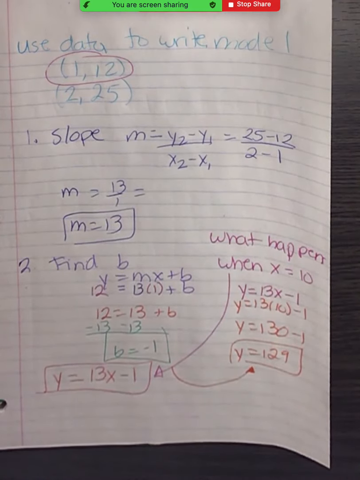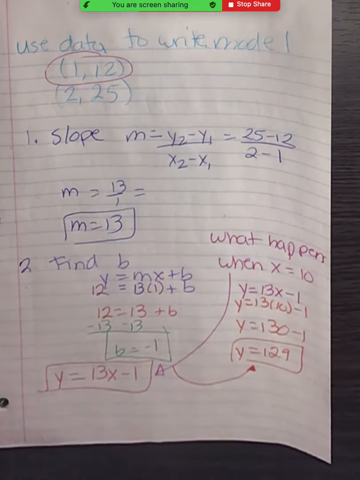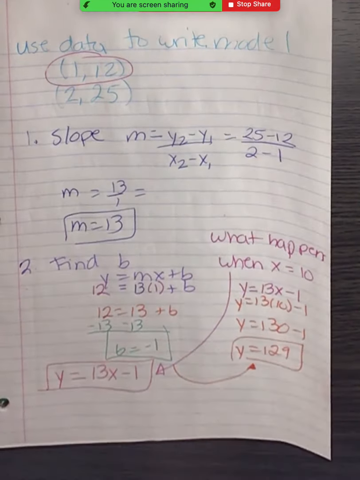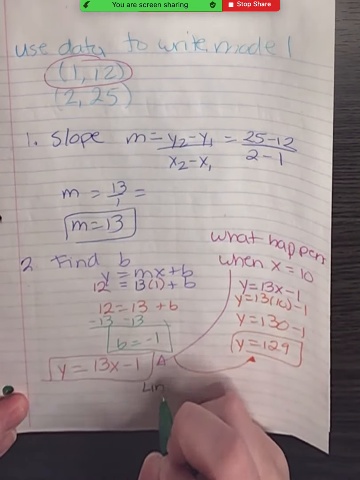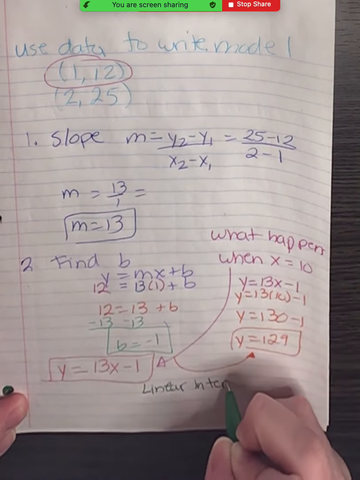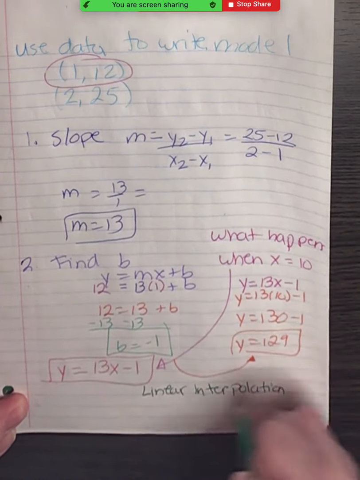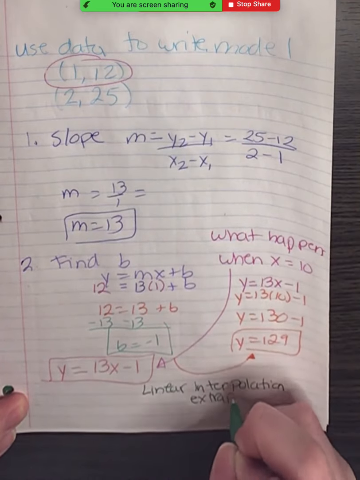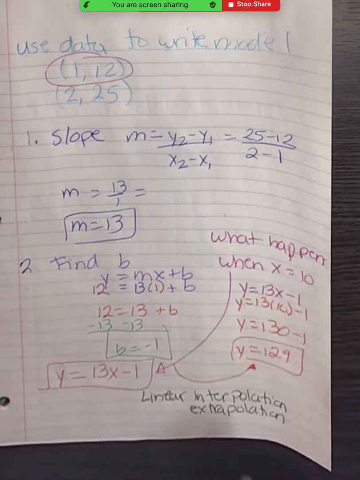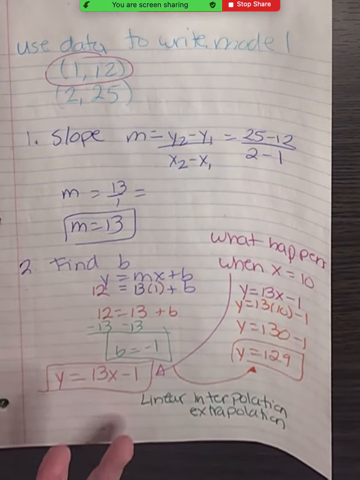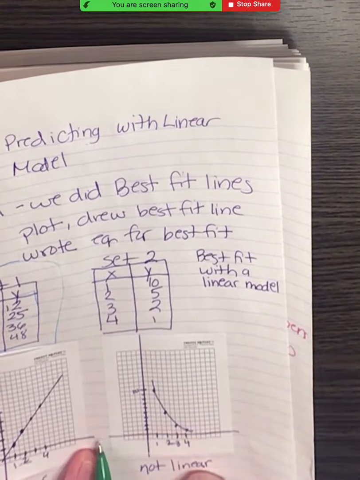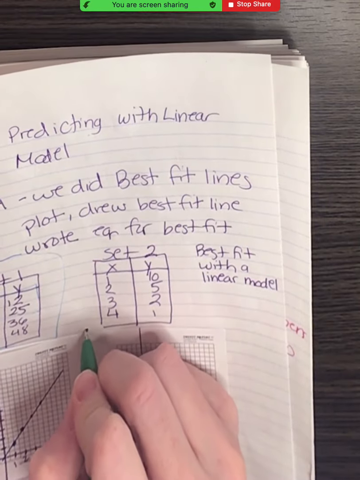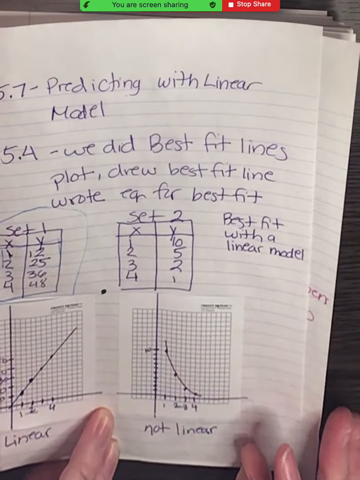Okay? There are two ways to do that. Generally, once you have the equation, you want to just plug in your values and solve, okay? But you can use something called linear interpolation or extrapolation. Okay, the interpolation would be, I'm going to go back to my graph, and I'm going to estimate 10 is out here, so I'm going to look at the graph and I'm going to see where y is, and I'm going to estimate the value.